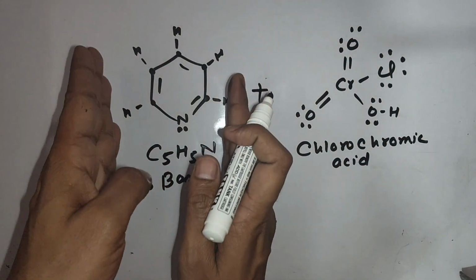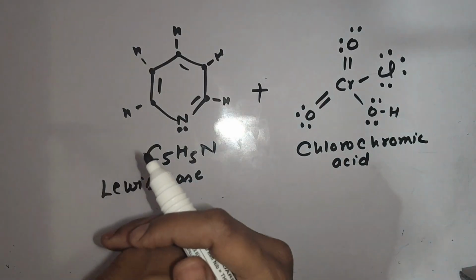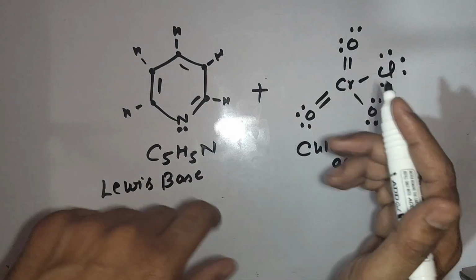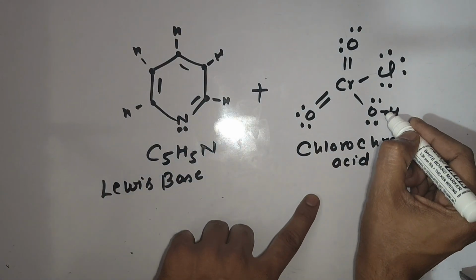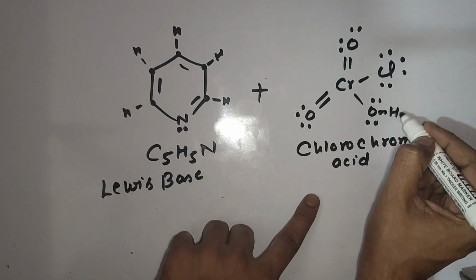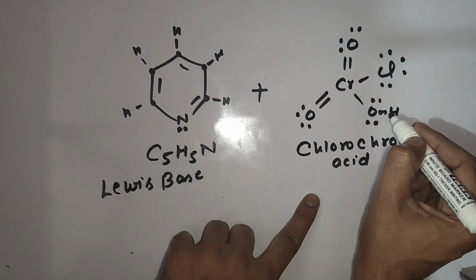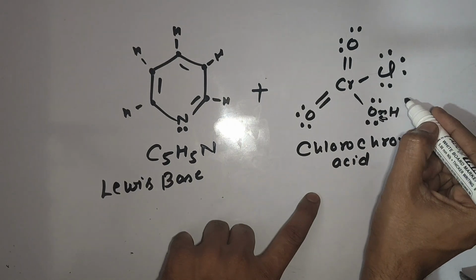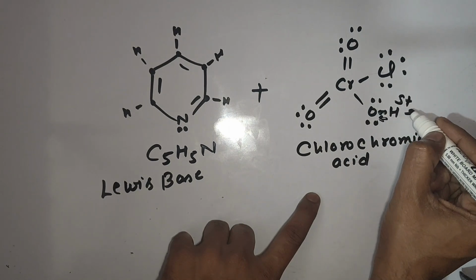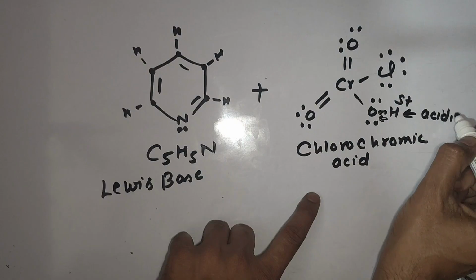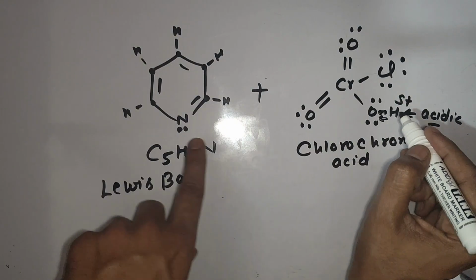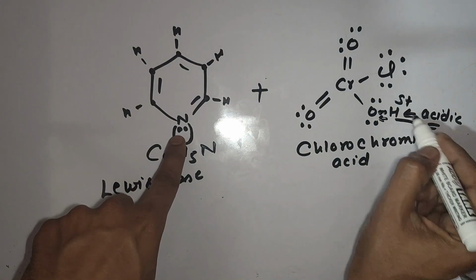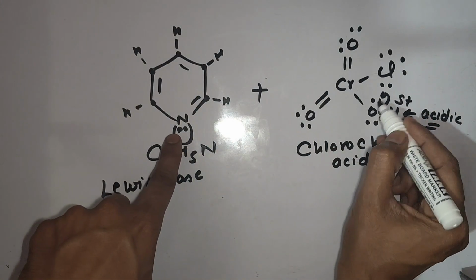So when you will mix this colorless liquid with this chlorochromic acid which was generated from chromium trioxide and HCl, you can check here, this H is connected with oxygen, and you know oxygen is highly electronegative. So these electrons are strongly shifted toward oxygen. That's why this hydrogen has positive charge. So this hydrogen is working as an acidic hydrogen. It's an acidic hydrogen, and nitrogen is waiting with a lone pair. So what will happen? H positive will break bond from oxygen. Obviously electrons will shift toward oxygen side.